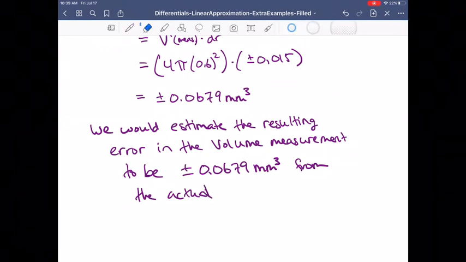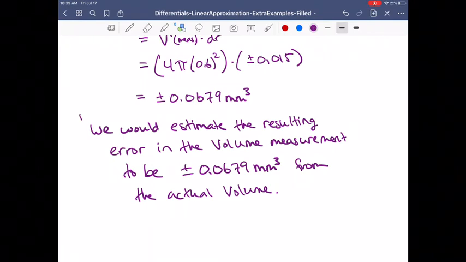Wow, that's messy. From the actual volume. So the most that we would think that we're off by is plus or minus 0.0679 millimeters cubed.